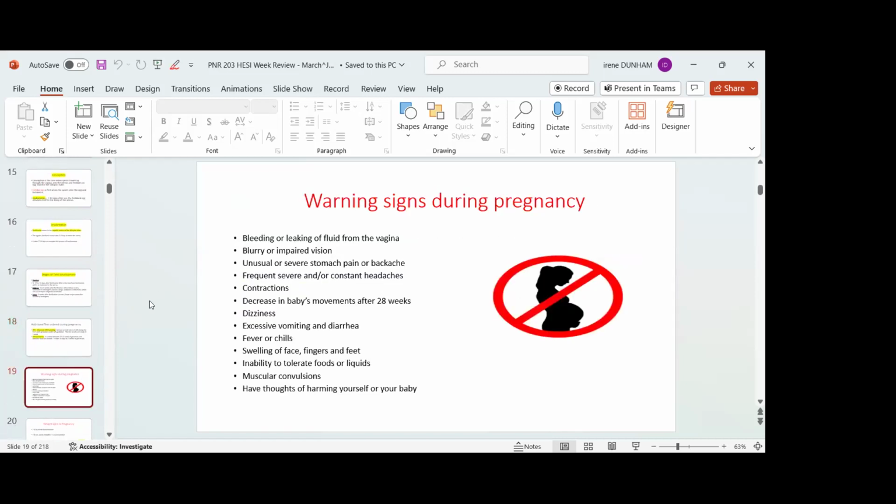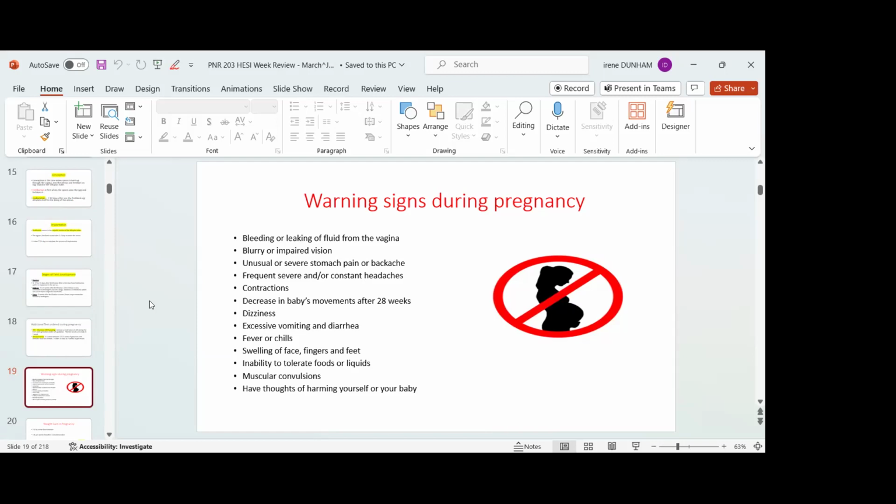Let's move into warning signs during pregnancy. HESI could give you a scenario with all of these, or some of them. It's never good to have bleeding or leakage of fluid from the vagina during pregnancy. If you have it too early, you could be aborting. If you have bleeding late in pregnancy, that means you could have placenta previa or an abruption.